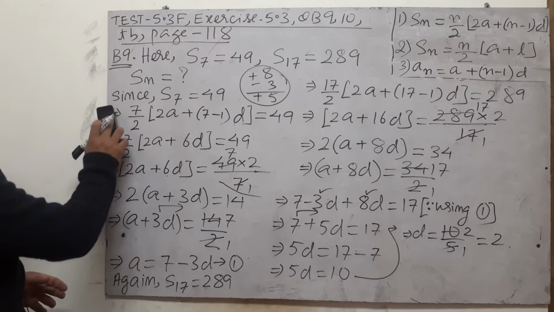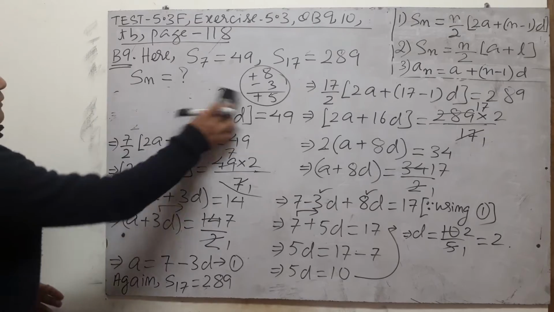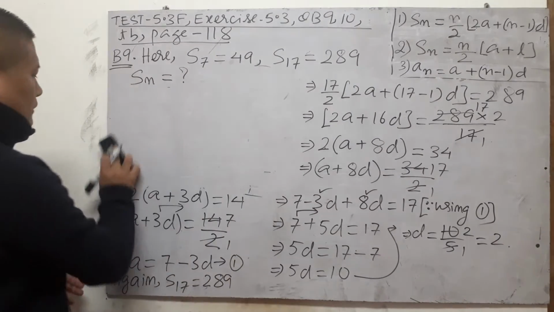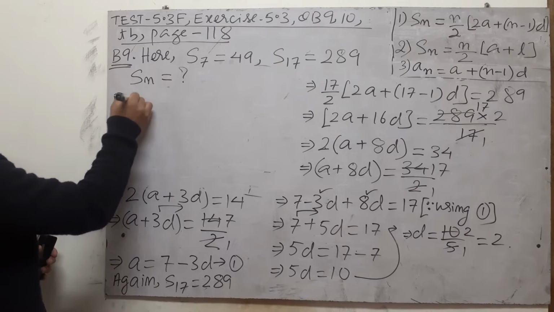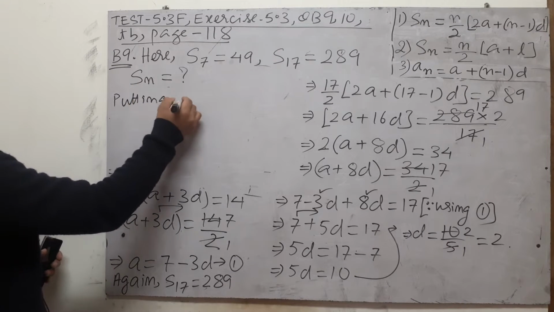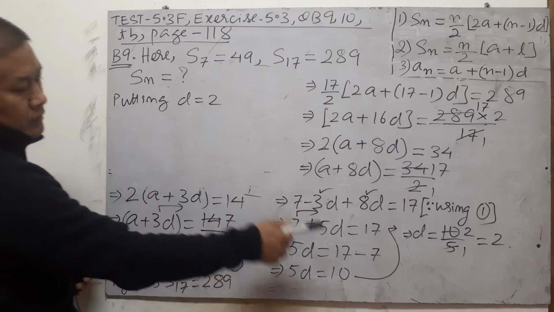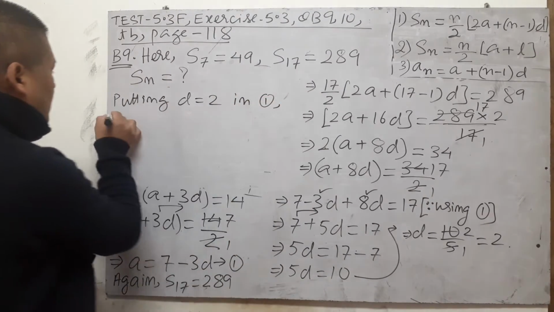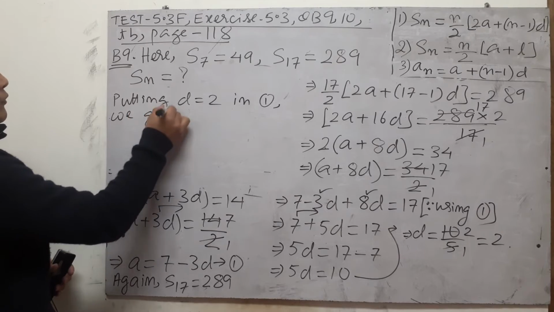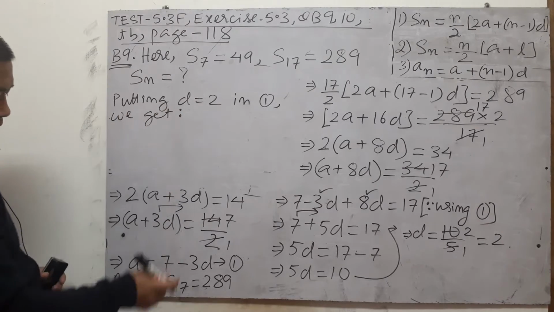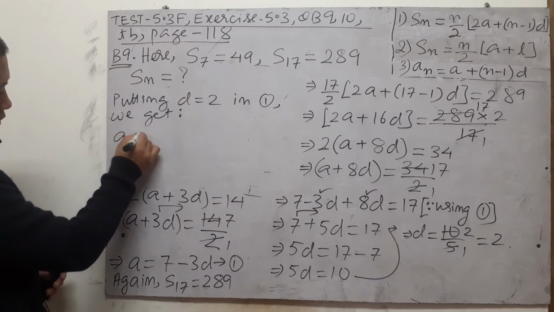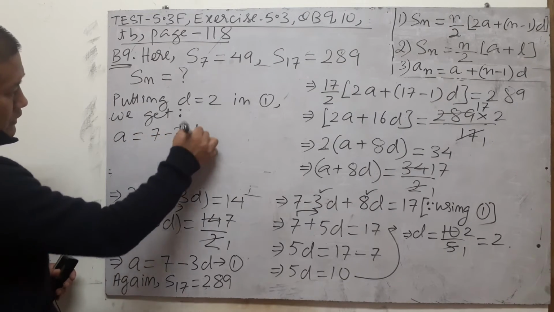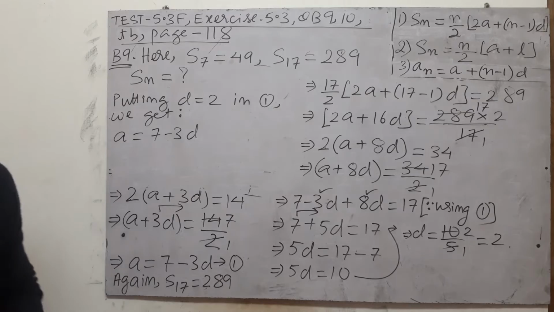So to find out a here, we have to find Sn. We don't need this part, so we can just write it down. So putting this value that we found, d equal to 2 that we got just now, in equation number 1, we get, let's just write down equation 1 once. a equal to 7 minus 3d, that is the exact expression of equation 1.